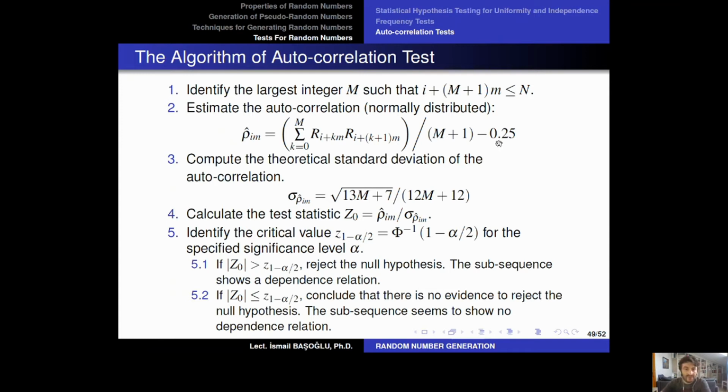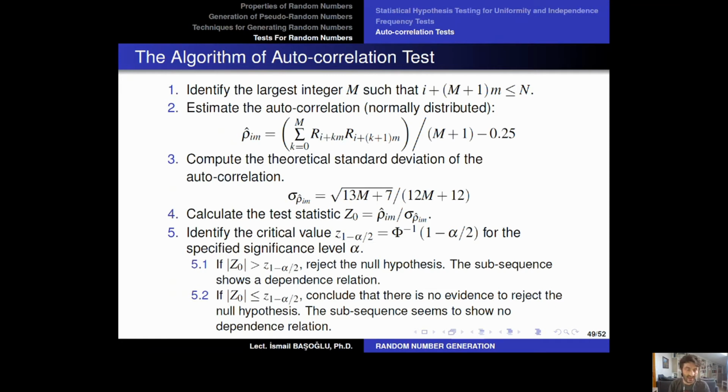Now, if the random numbers in the sequence are independent from each other, then each of the random numbers in the sequence will have the expected value of 0.5, right? And the expected value of the product of so-called independent random numbers, we are testing it after all right now, but assuming that they are independent, the expected value of their product, or the average value of the product of the consecutive numbers, should be very close to 0.25. Because after all, each of them has 0.5 expectation, and we know the expected value of the product of random values is equal to the product of the individual expectations if they are independent.